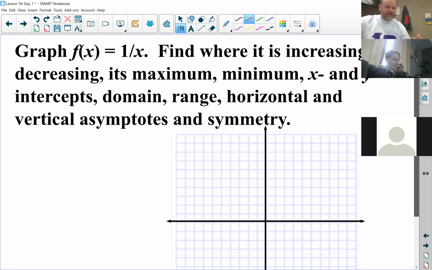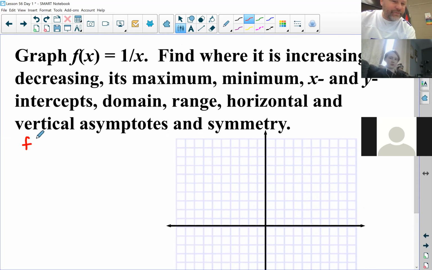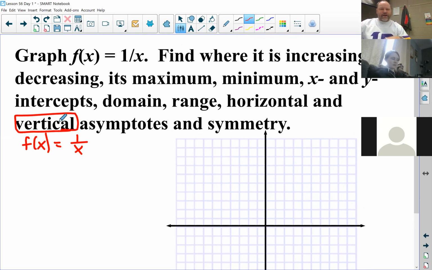One of the things that's always important, especially when we have a variable in the denominator, is finding the vertical asymptote, the value for x that makes the denominator 0.